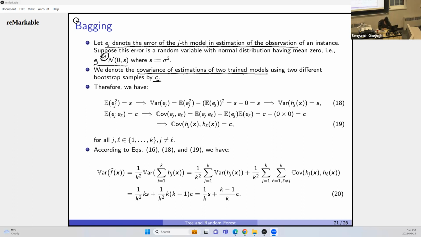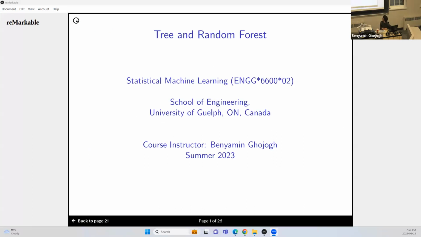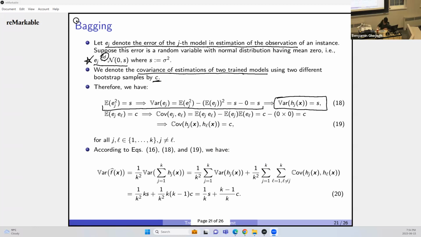As I said, I think this proof is not required. We can simply say the variance of the model is S. I already said that here. The variance of the jth model is S, right? But let's talk about their covariance.